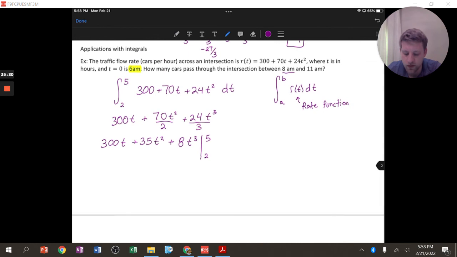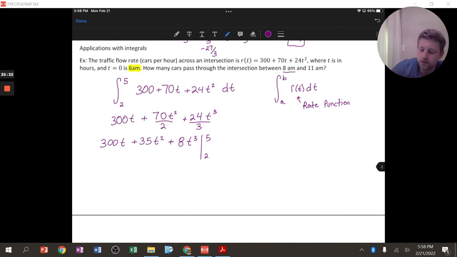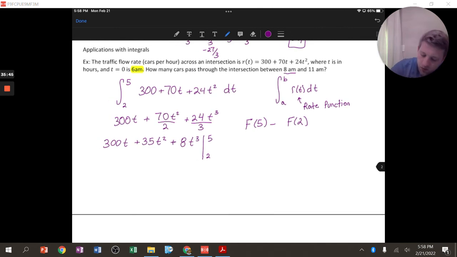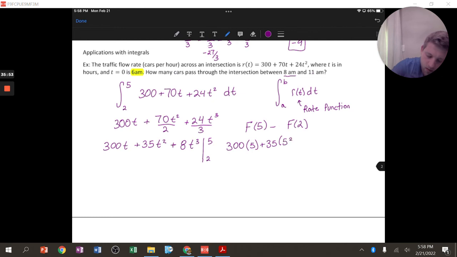And we'll go ahead and just evaluate this all in one. So again, this would be capital F of 5 minus capital F of 2, or the antiderivatives at those points. So I'll list out how this would be calculated. We have 300 times 5 plus 35 times 5 squared plus 8 times 5 cubed.